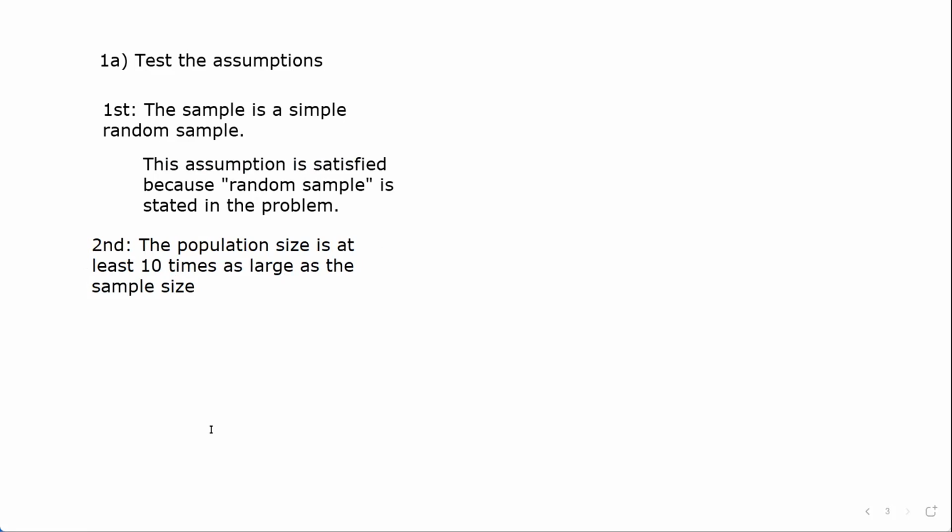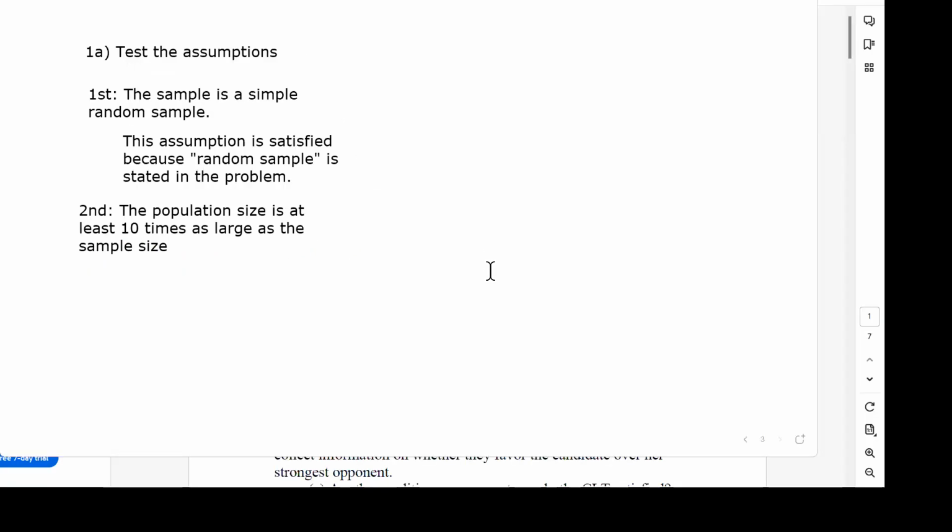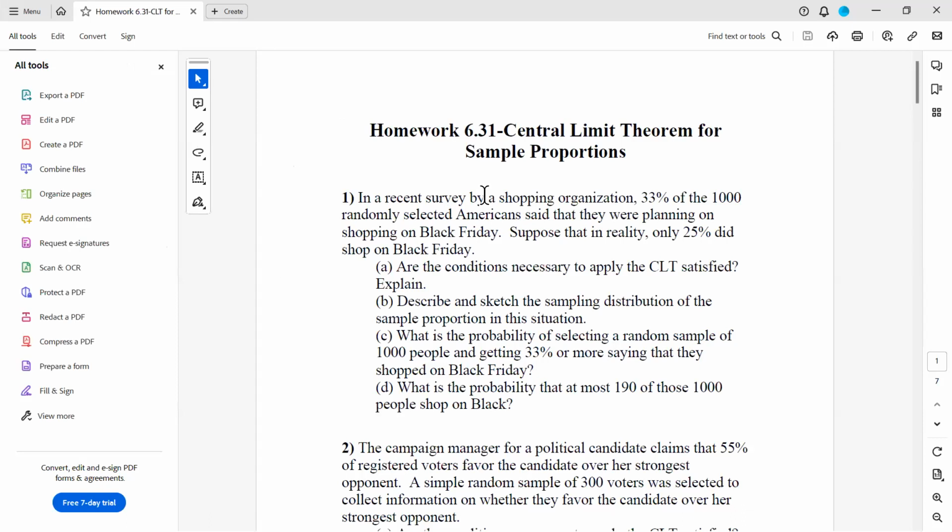Now, here's the tricky thing about this that trips students up. You don't have to know the size of your population, but you have to know what the population is. What group are we referring to here?